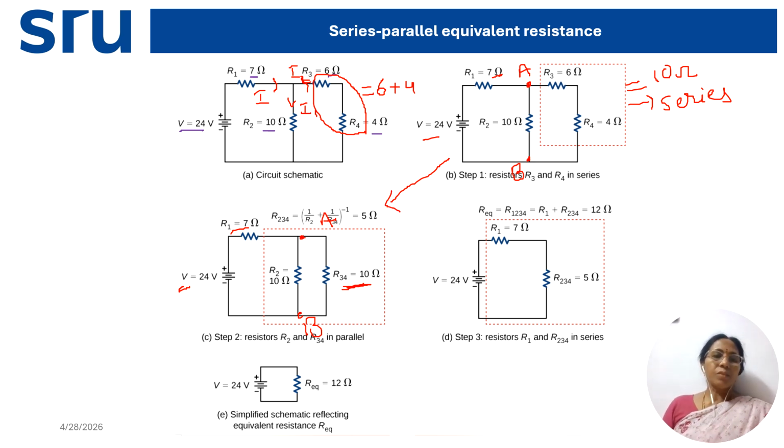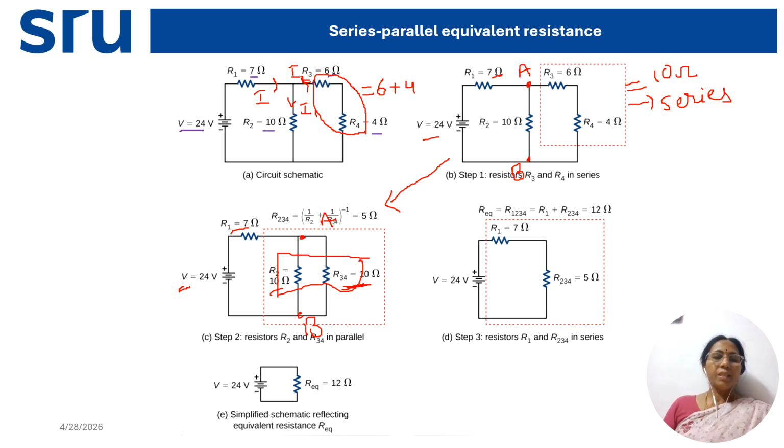Now in this network there is no series element, but there is a parallel circuit: these two 10 ohm resistors are in parallel. When two elements are connected in parallel, what is R equivalent? R1 R2 by R1 plus R2.